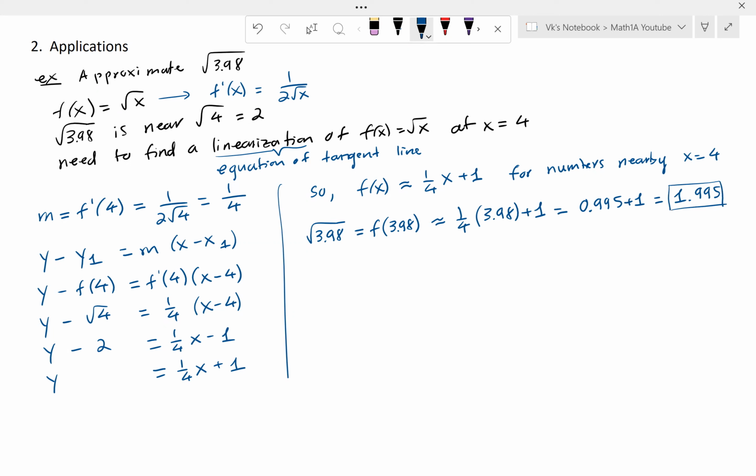Yeah, it is pretty cool because we can actually take a look at the actual value of root 3.98. Here comes the actual value.